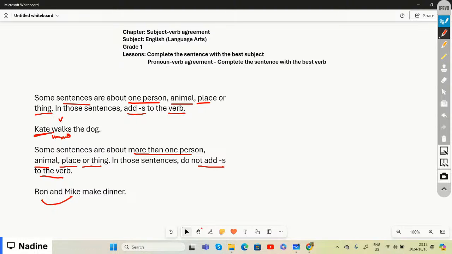This is more than one person. This is two people. So Ron and Mike make dinner. So not makes dinner. We only say make dinner. What are Ron and Mike doing? They make dinner. Not makes dinner, they make dinner. Because if two or more people are doing something, we don't add an s to our verb.